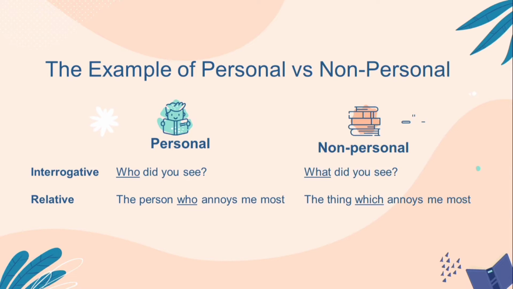In personal, from the interrogative to the relative, we still use the same word who, but in the non-personal we use what, and we change it into the relative one, which.